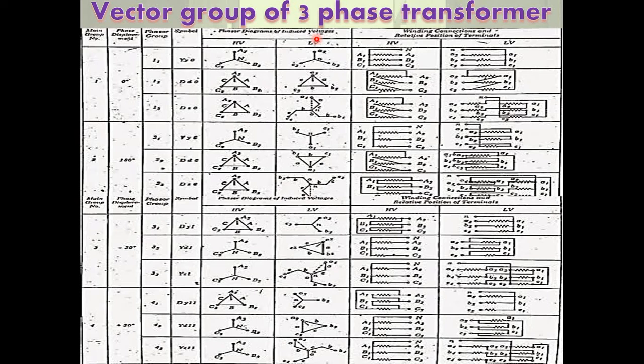And finally the interconnected star connection, YZ1 or YZ11. Its salient aspects are that it reduces the triplen voltage and is not sensitive to conditions of unbalanced loading. It is restricted to low voltage windings and sometimes used in rectifier supply. Okay, so this is the summary of three-phase connections of transformers.